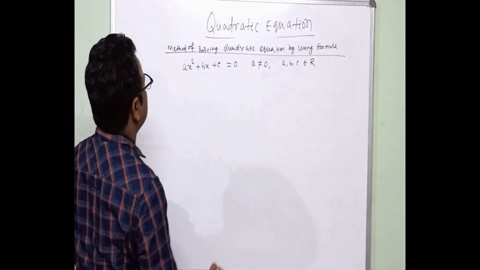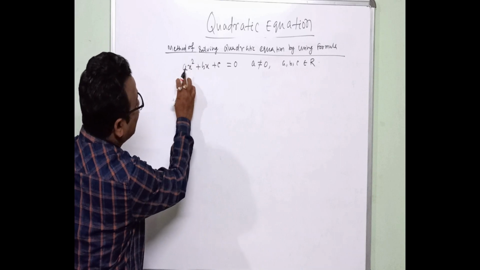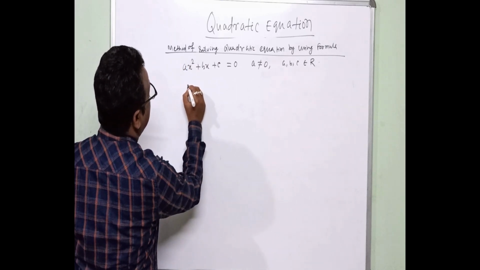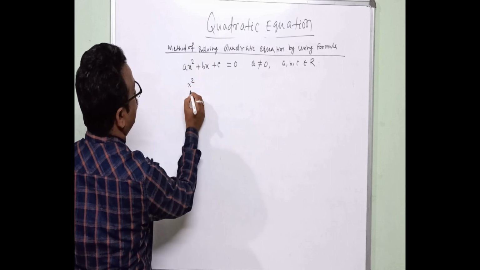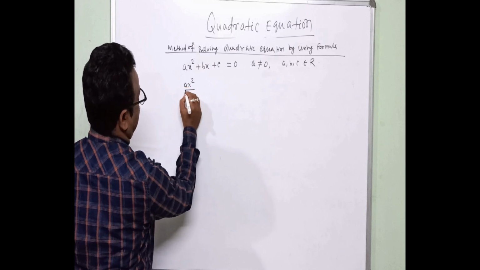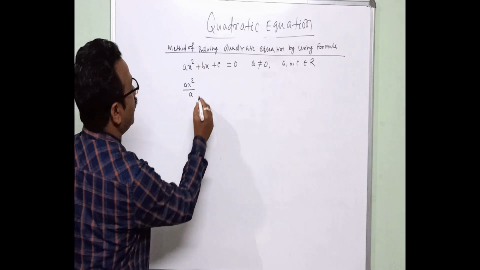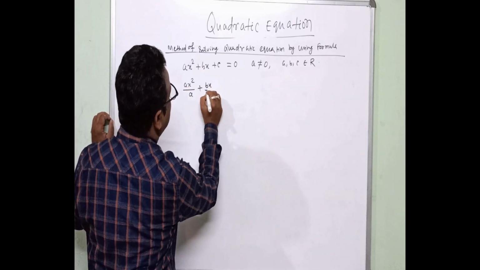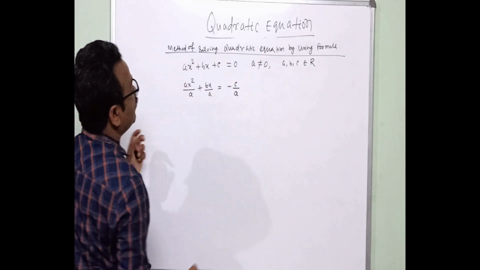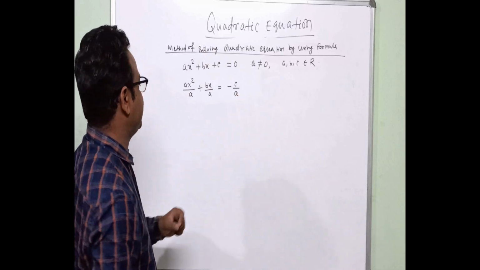Now here, to make the first term a perfect square, first of all I will divide by a: x square plus bx by a is equal to minus c by a, taking c to the right hand side.